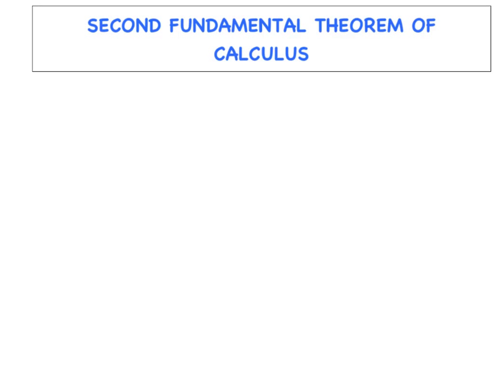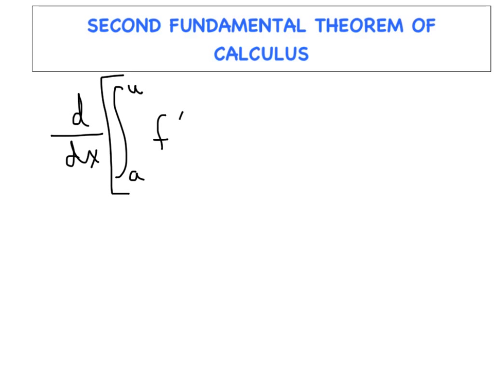So, goodness gracious, what is the second fundamental theorem? I've been covering every angle, so to speak, just to build up to this moment right here. And here's what the second fundamental theorem says. It says, if you want to derive an integral where the lower bound is a constant and the upper bound is a function of x, and you've got some other function of t right here, then by golly, you really don't have to do that much work.